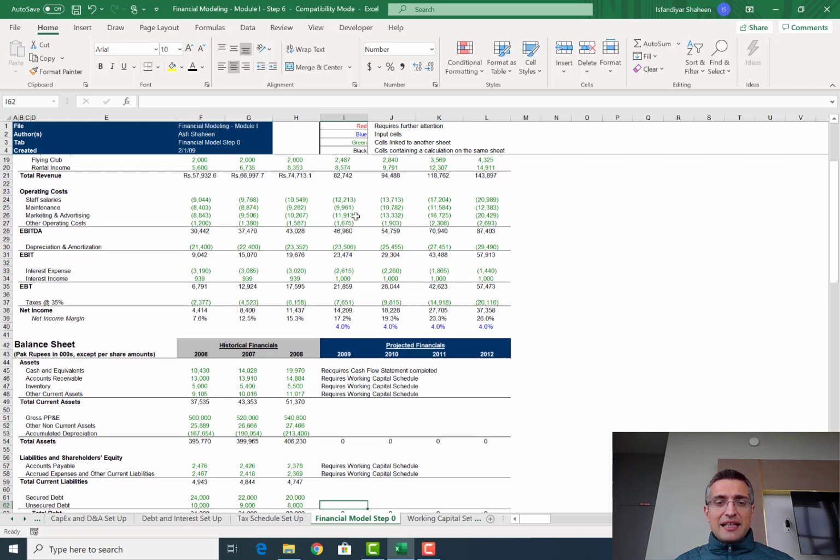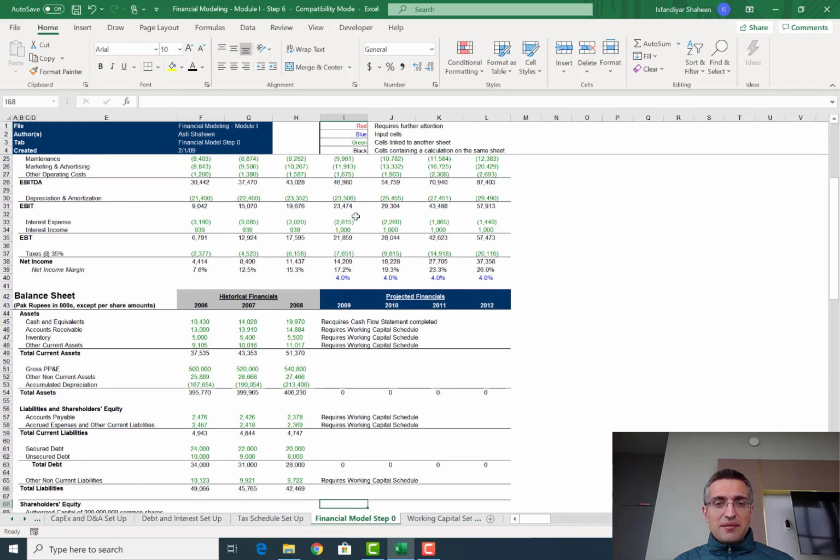And our next step is to start populating this balance sheet, right? Or rather, we need to think about what are all the schedules we need to populate this balance sheet. We have the gross property, plant, and equipment and non-current assets forecasted already in the depreciation schedule.